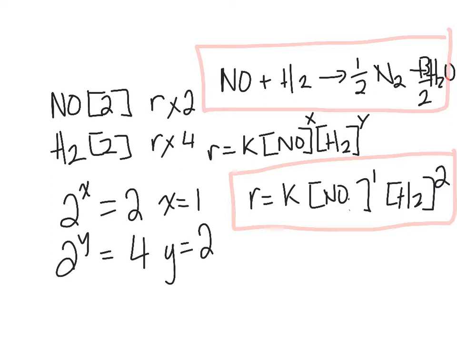So you would have to have H2 and NO, right? You have to compare your rate law expression to your reaction. The coefficients have to be the same if it's a one-step reaction. If not, it's going to occur in more than one step. So there will be a reaction mechanism.